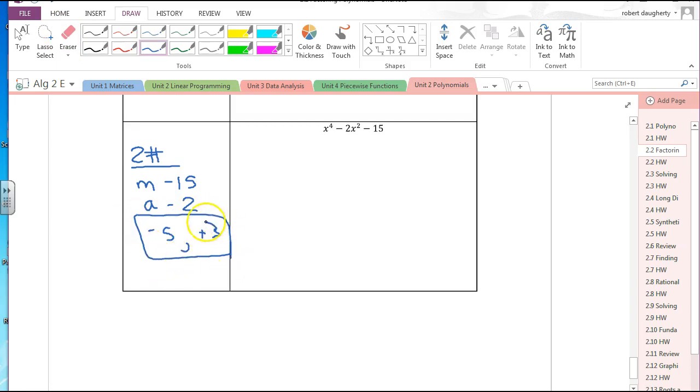Those are my numbers for factorization. So I look at this as x squared, and my factorization is x squared minus 5, and then x squared plus 3. And that's the complete factorization.